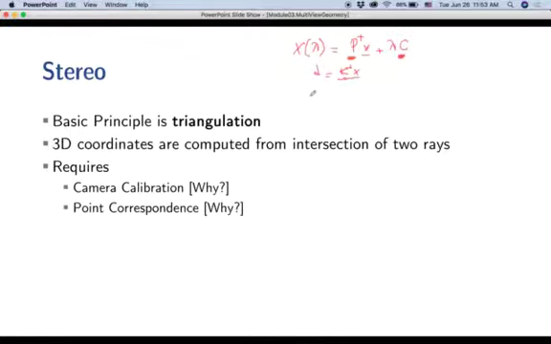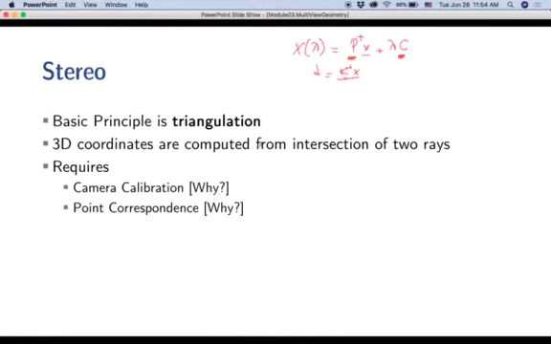In the canonical view, because the extrinsic parameters are all identity, you only need intrinsic camera parameters. But at least one of the cameras will be in the general view in the stereo problem, because they are not at the same location. If I fix the axis to one of them, the second one is in a general location. So in the general view, all the camera parameters are needed to construct the ray, not just the intrinsic parameters.